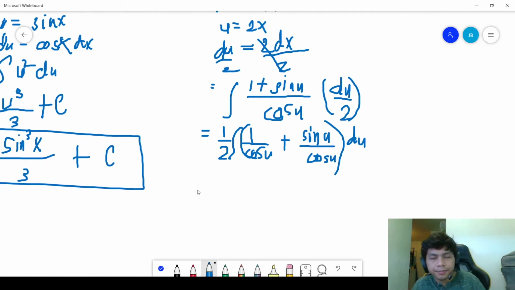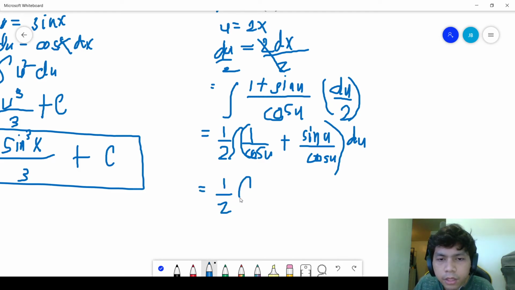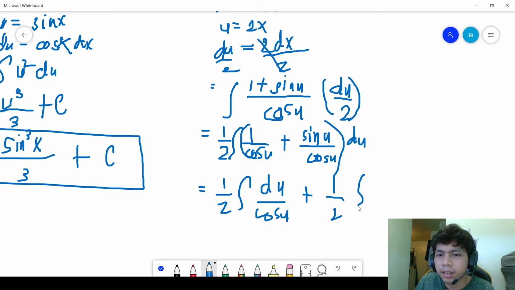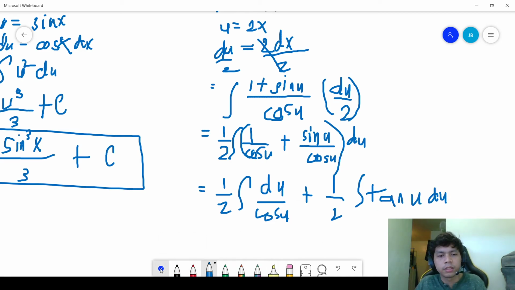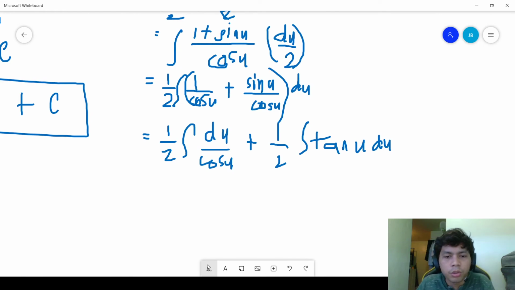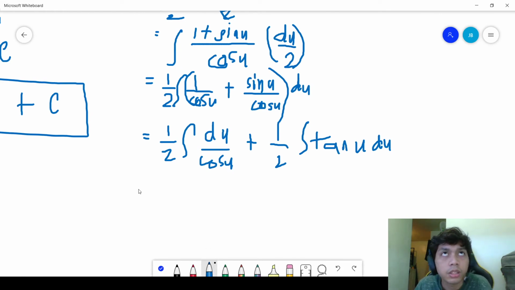After that, you can distribute. So you will have 1/2 integral of du over cos u plus 1/2 integral of sine u over cos u, so that is tan u, right? Tan u du. So du over cos u is 1 over cos, which is secant, correct?